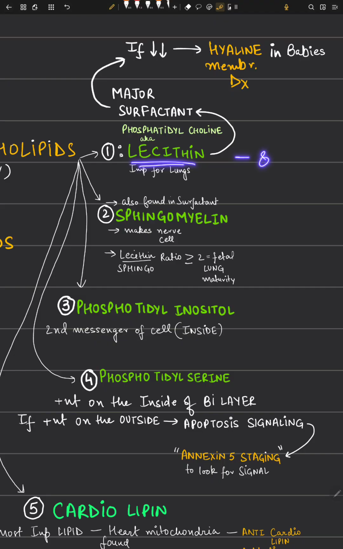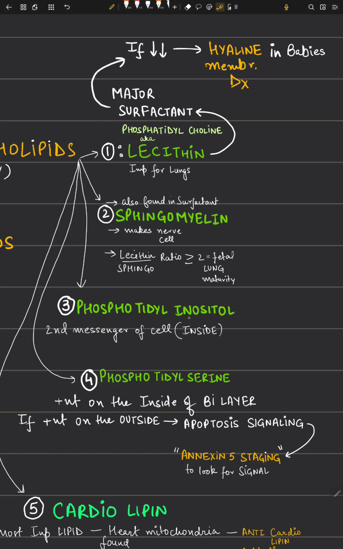For example, lecithin can be 80% and sphingomyelin 20%. I'm not saying this is the exact ratio, just that lecithin is more and sphingomyelin is less. If the lecithin to sphingomyelin ratio is 2 or more, then the fetal lungs are mature.